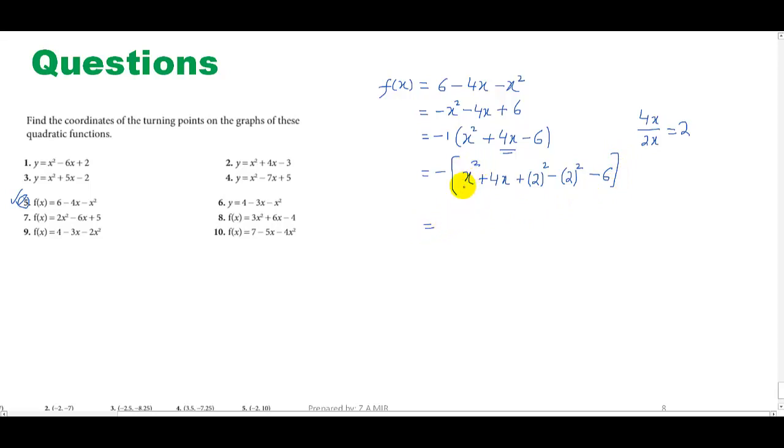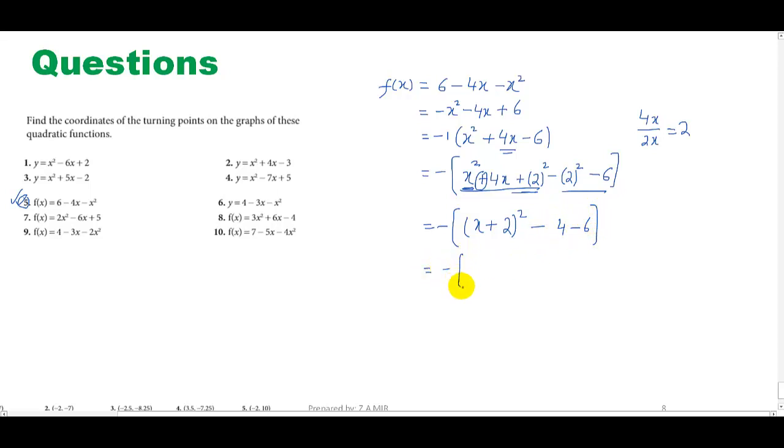Now these three terms will become a complete square. Because it is plus, I will write plus here, x and 2, this x and this 2 whole square. And now these two terms will become 4 minus 6.